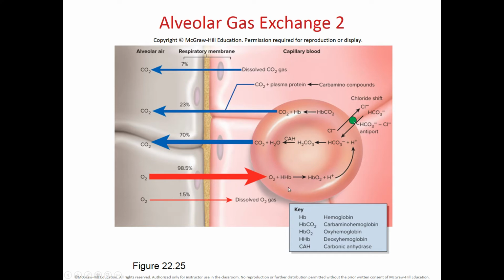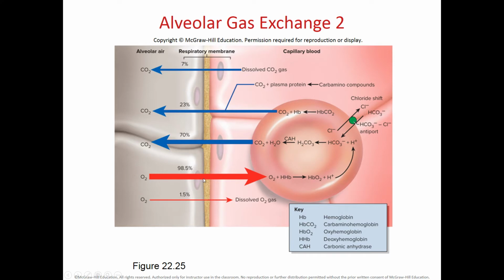Now, since you will have here this hemoglobin that was bound to hydrogen ions, and you have here within the alveoli a lot of oxygen, you have more oxygen in here than in the plasma or in the red blood cells, the oxygen will diffuse from more to less. So from the alveoli into the plasma and then into the erythrocytes.